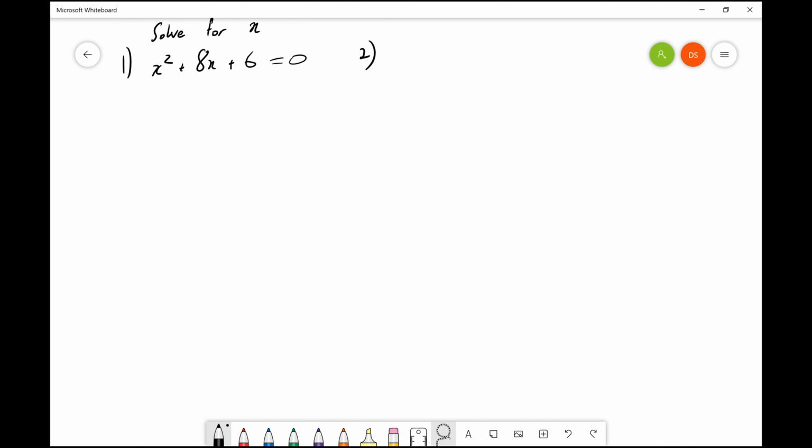Question 2, once again. 3x squared plus 6x plus 1 equals 0.